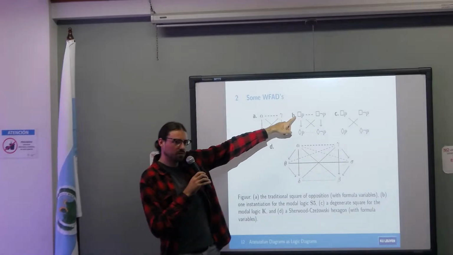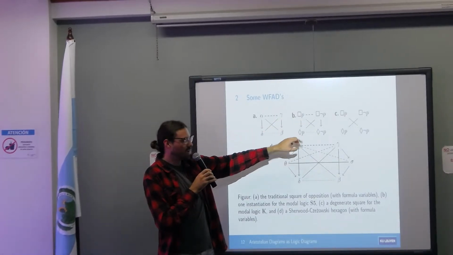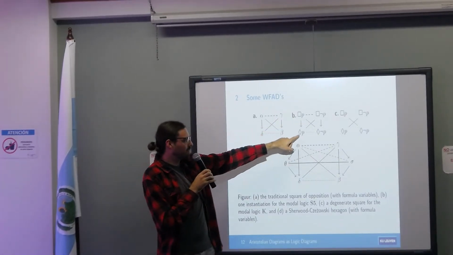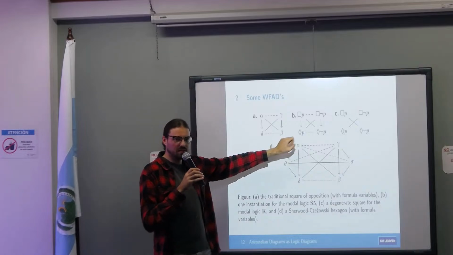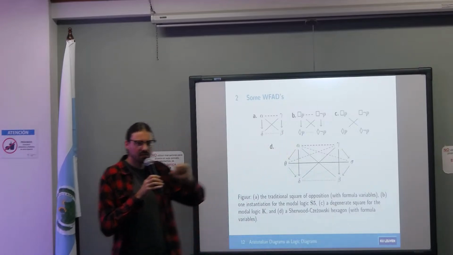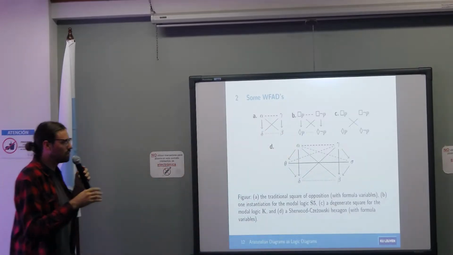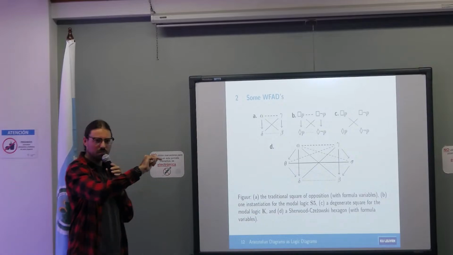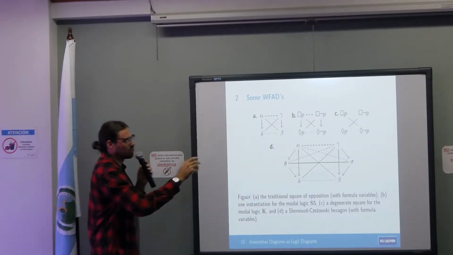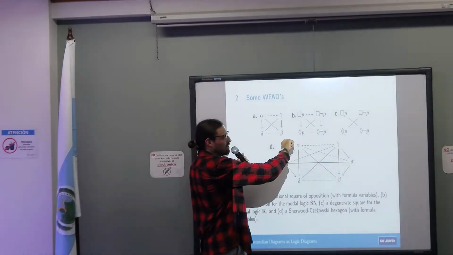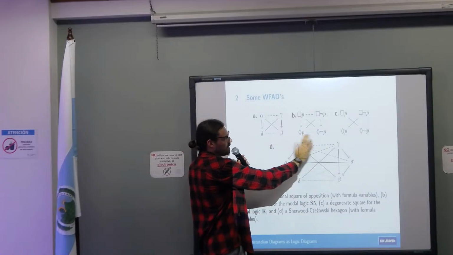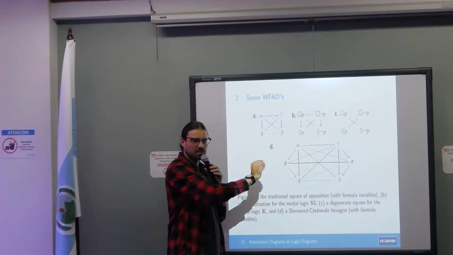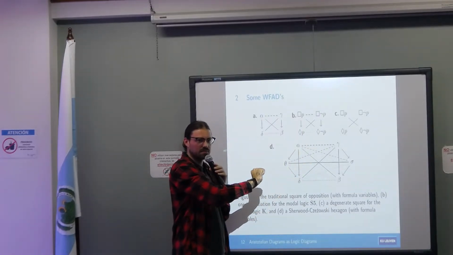The same way that I distinguish between box P and diamond P, I could also have written instead of diamond P here, for example, just not P. So just negation P. Yes. So I could have rewritten this diagram and left the diamonds out here, and then you have a P and a not P.